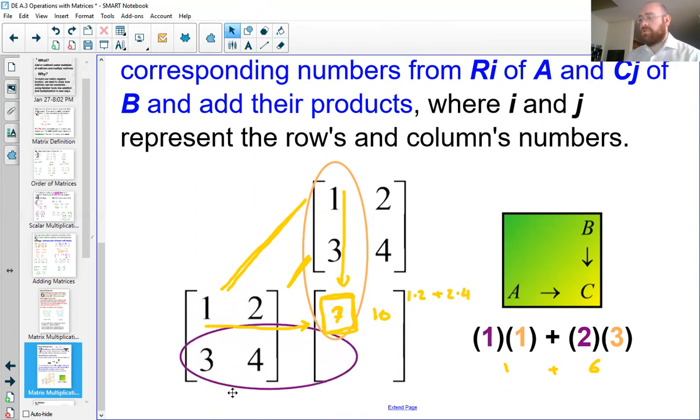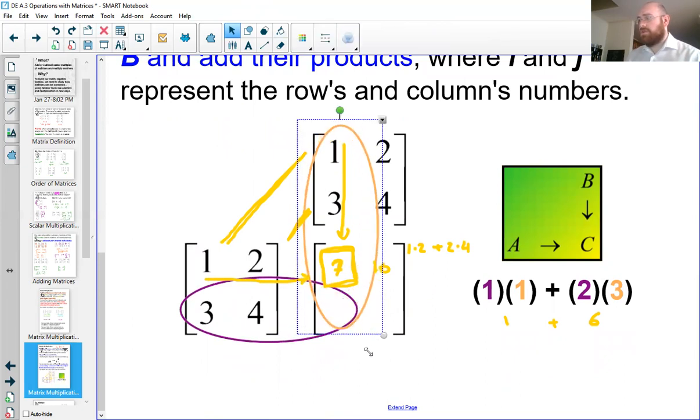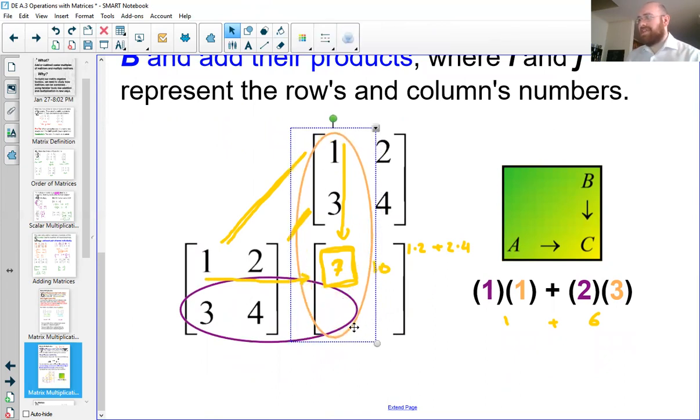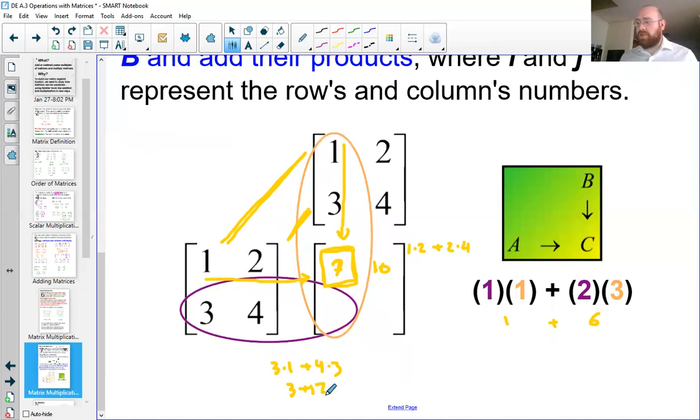So we can actually stretch this out ever so slightly. So we just changed the numbers that we're using. So here, we would have 3 times 1 plus 4 times 3. So that's 3 plus 12. So our number is 15.